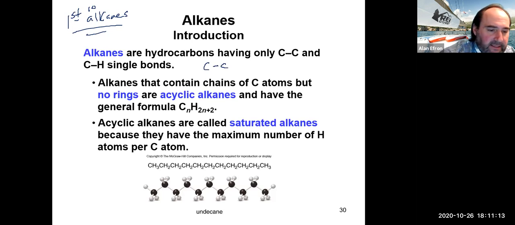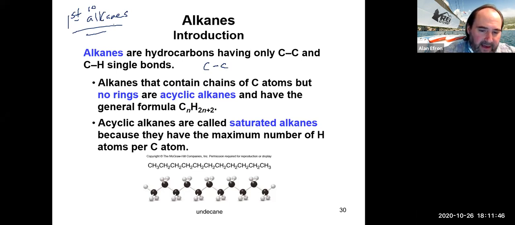So the best thing you could do for yourself in organic chemistry is to learn the first 10 alkanes, learn their names, learn their formulas, because everything in terms of naming, formulas, and structures comes back to these first 10. So it's super important to have not only their names, but also their formulas, because everything's based off of it.